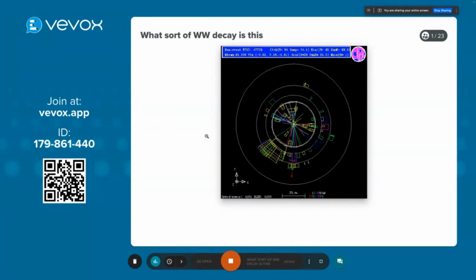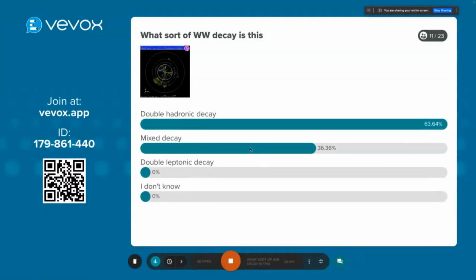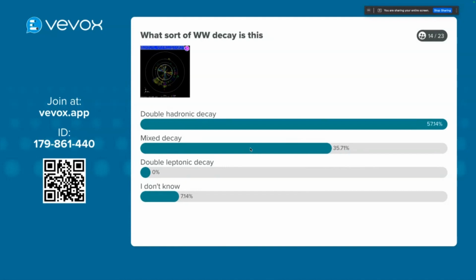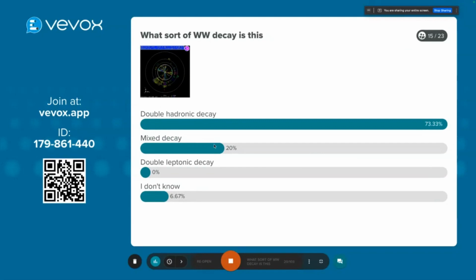Bit of a mess, this one. A couple that don't knows. I'm not surprised. It's a bit tricky, but it looks like double hadronic is winning out. You'll probably agree with that.